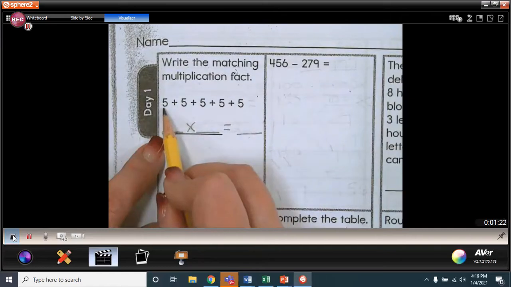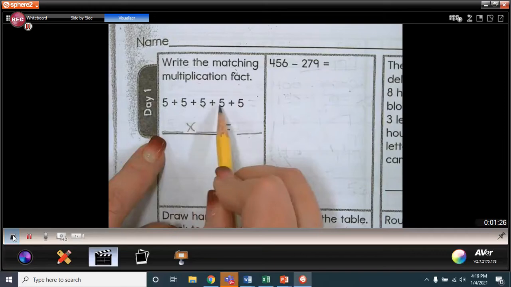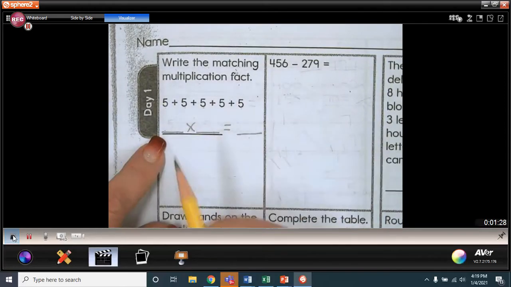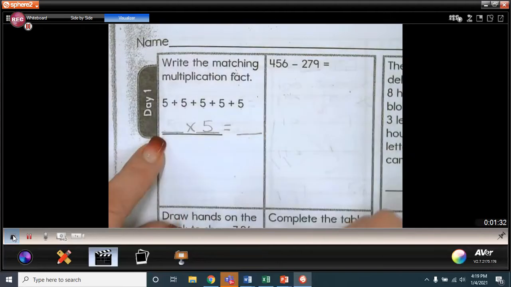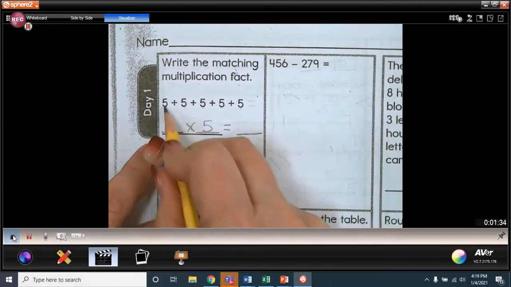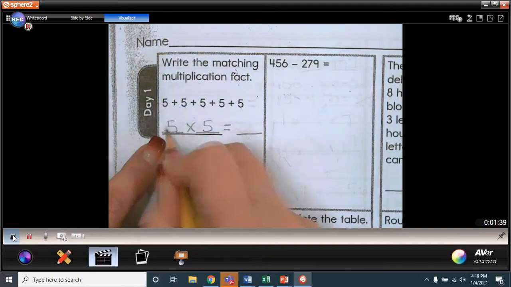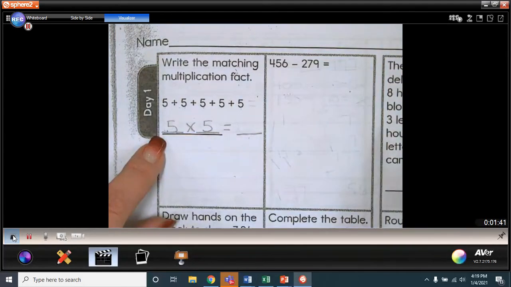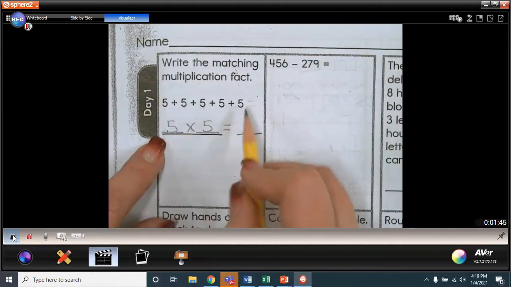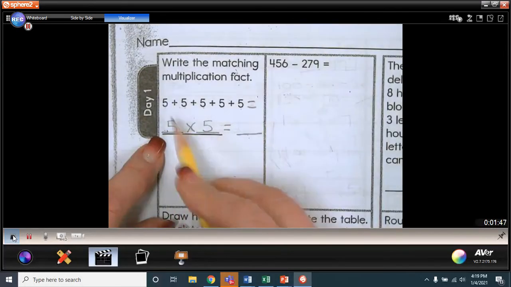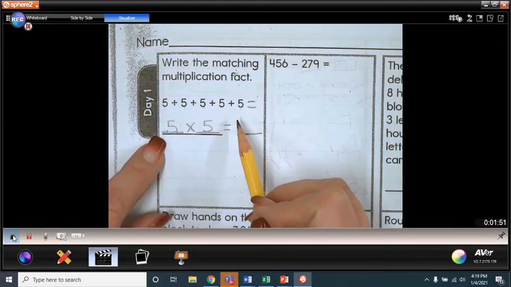If you notice, I have one group of 5, another group of 5, 5, 5, and 5. So how many groups of 5 do we have? Well, we have 1, 2, 3, 4, 5 groups of 5. Remember, your product is the total of all of these addends added together.